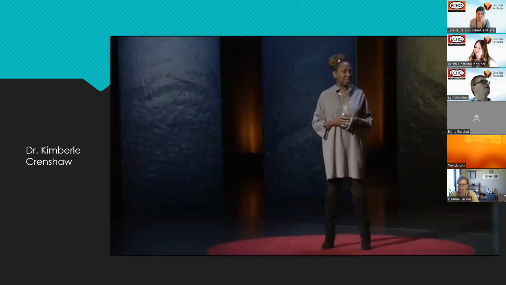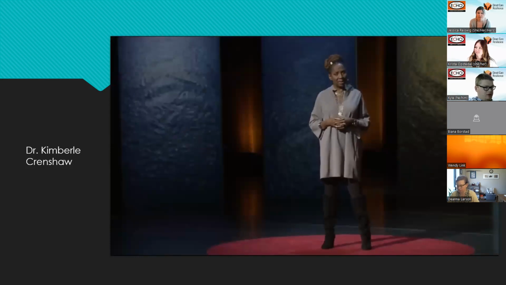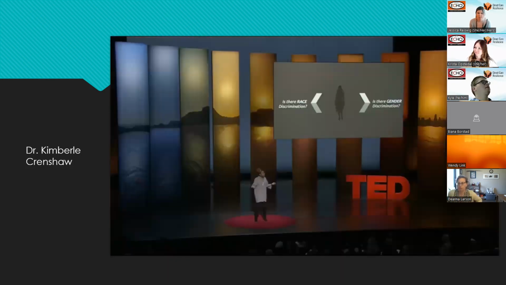She applied for a job and she was not hired, and she believed that she was not hired because she was a black woman. And the argument for dismissing the suit was that the employer did hire African Americans and the employer hired women. The real problem, though, that the judge was not willing to acknowledge was what Emma was actually trying to say.